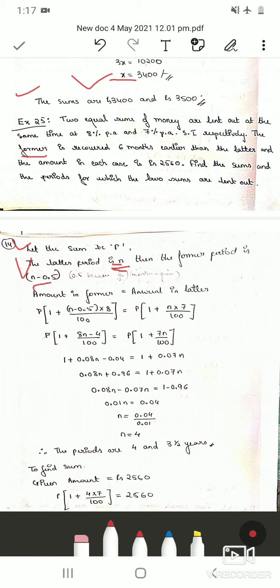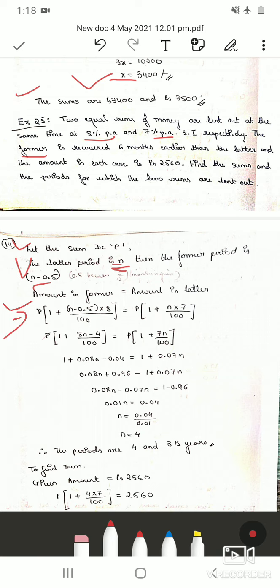Along with this, they have given in the question the amount in each case, that is when the rate is 8% as well as when the rate is 7%. The amount is 2560. It is equal. Therefore we can use the formula of amount, which is P into 1 plus NR by 100.